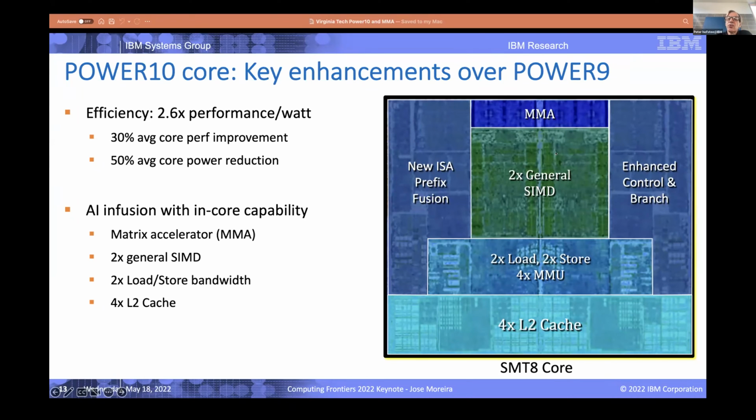We also grew our vector instruction capability by a factor of 2 per core relative to what we had on Power9, as well as grew the number of cores from Power9.